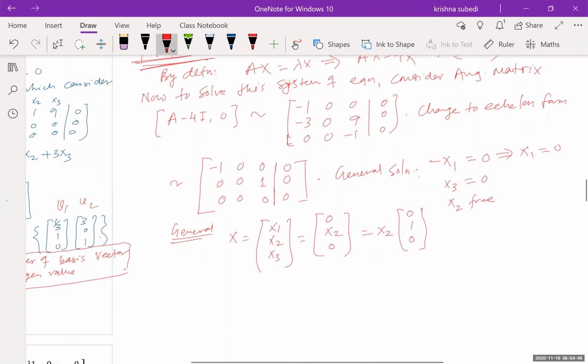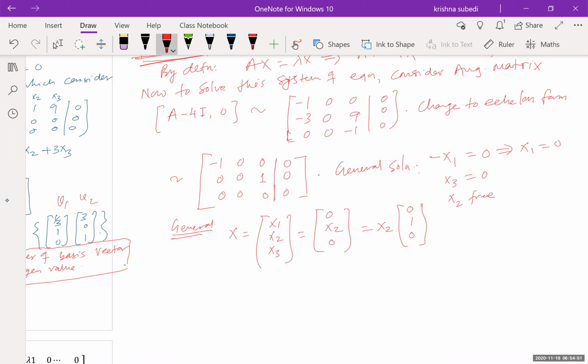This is the basis vector for the eigenspace corresponding to lambda equals 4, given by this vector 0, 1, 0 only.